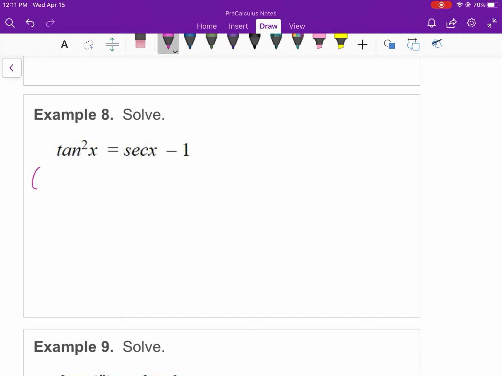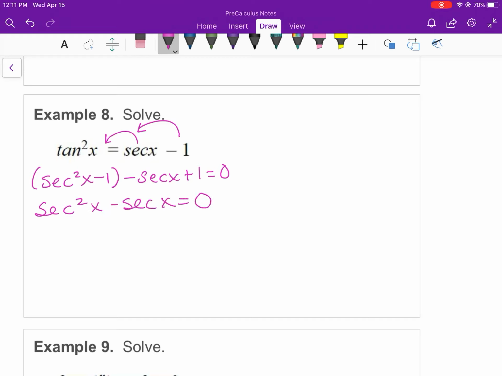So that's the same as secant squared x minus 1. I'm going to go ahead and bring this to the left and bring that to the left. Then clean it up. I'm going to factor out a secant x. And I'm going to set each factor equal to 0.